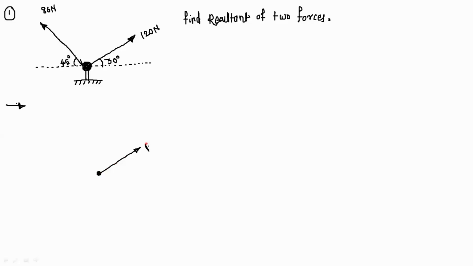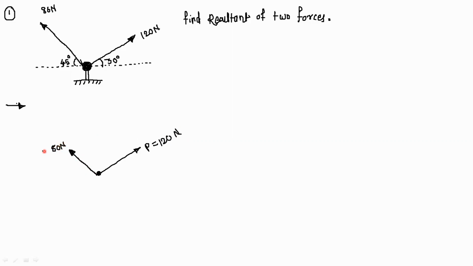So we will consider this force as P, because we have the formula in terms of P and Q. And the second force is 80. Compared to 120, the vector size of 80 Newton will be small.